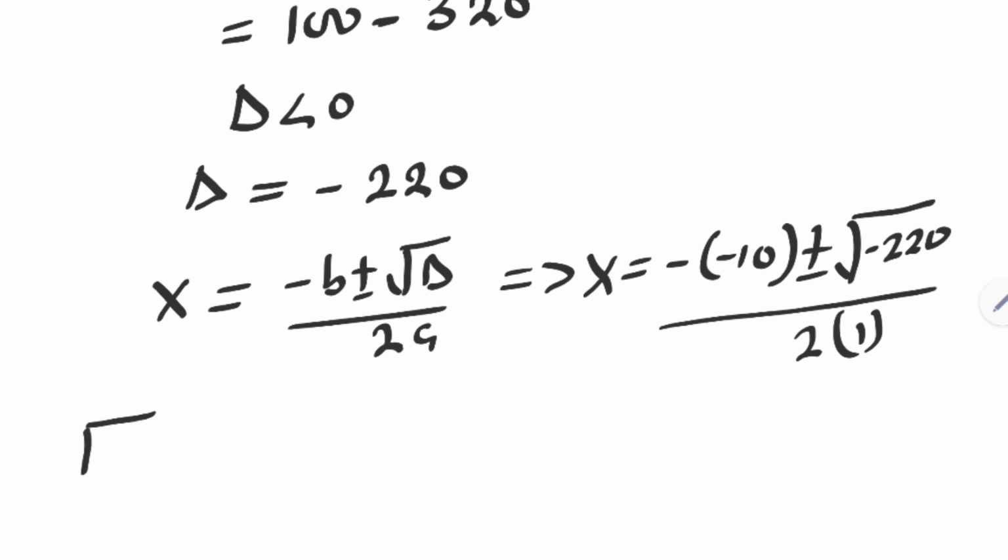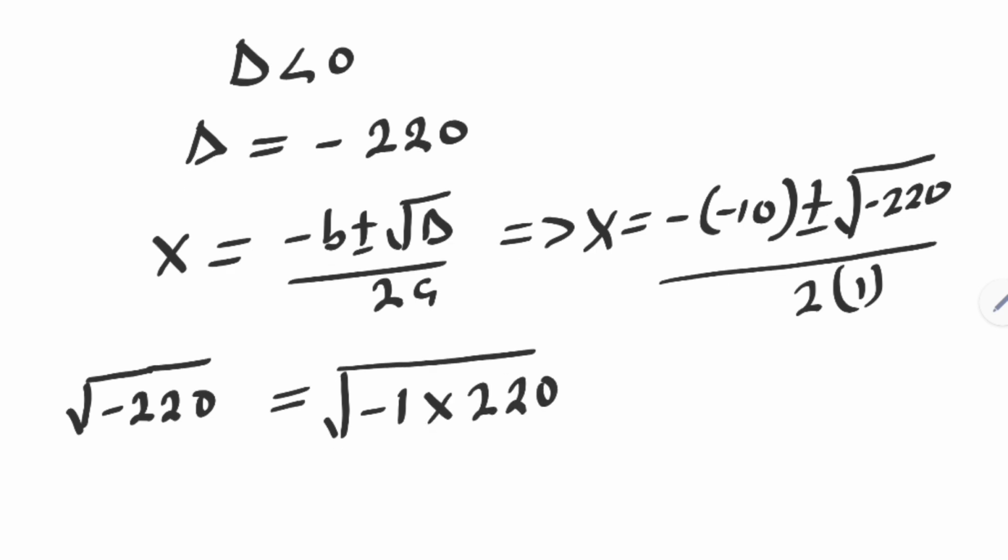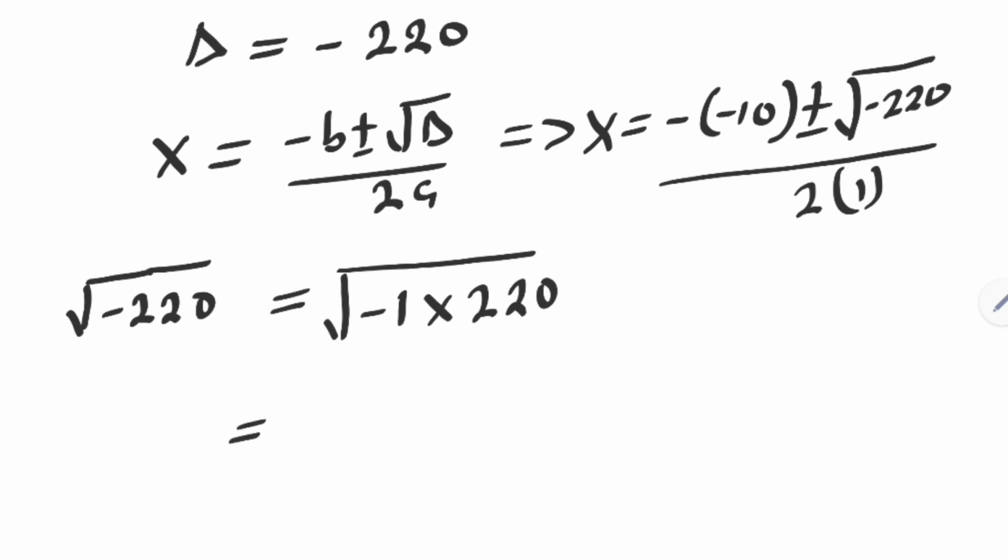Now, square root of minus 220 is the same thing as square root of minus 1 multiplied by 220, and this is equal to i square root of 220.